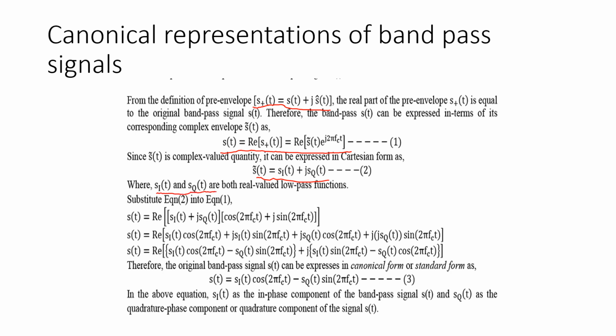Substituting this in equation 1, in place of the complex exponential you substitute cos 2 pi f ct plus j sin 2 pi f ct. Now S of t, after multiplying these terms and considering only the real terms, becomes Si of t into cos 2 pi f ct minus Sq of t into sin 2 pi f ct.